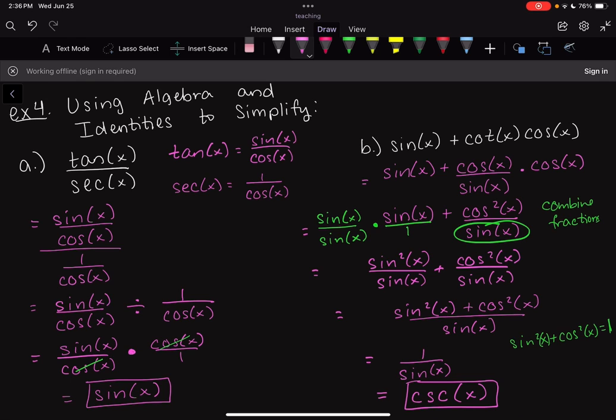You can also look up some extra algebra review online. For these problems specifically, you may need help dealing with fractions. So maybe look up how to add fractions with variables in them, or how to divide fractions with variables in them. That could give you some review topics.